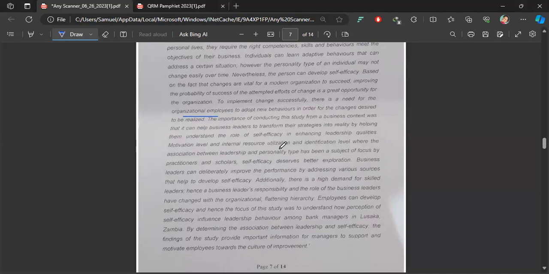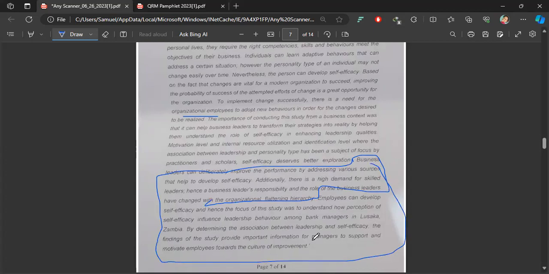Okay, so this right here is not useful. So the findings of this study can provide important information. Okay, this is now the significance of the study.